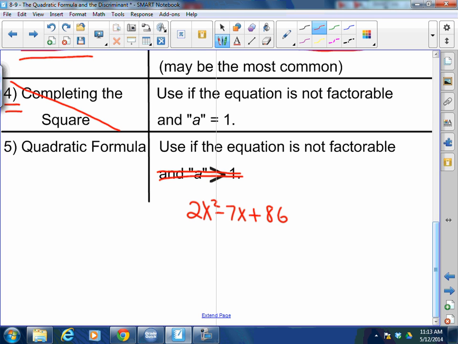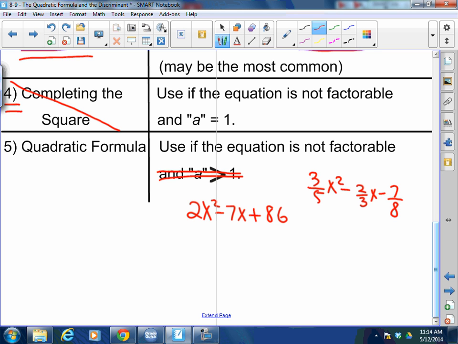If they gave you something like 3/5 x squared minus 2/3 x minus 7/8, oh goodness, I do not want to factor that. I don't even really want to use the quadratic formula for that because it's going to be ugly, but that's how you would do it, okay? So when they're really ugly, you use the quadratic formula.